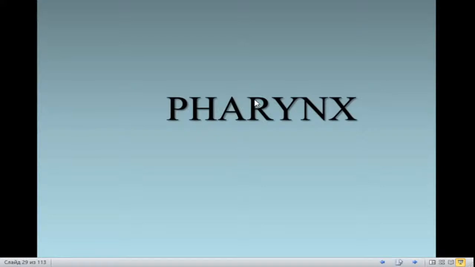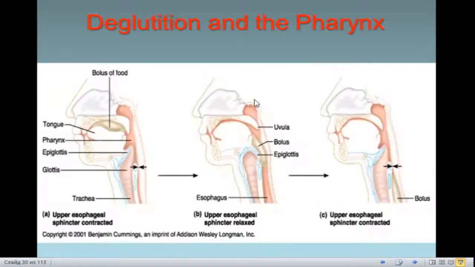The next portion of the digestive system I'm going to talk about is the pharynx. The pharynx is behind the oral proper cavity and is separated by a vertical boundary, which is called isthmus faucium.